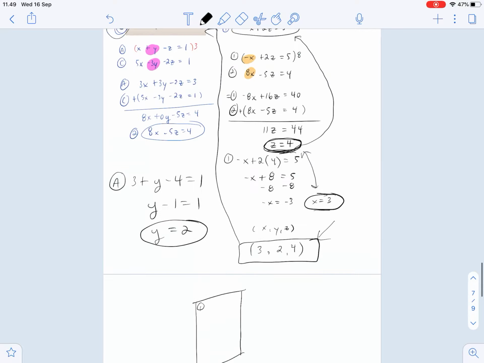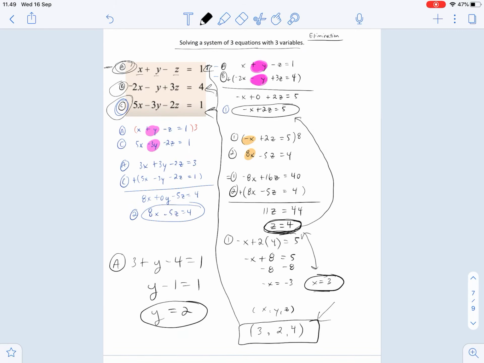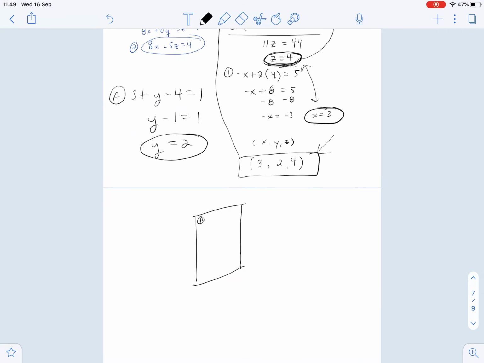Remember that we have one plane, which we'll say is equation A. Equation A represents one plane. And then we have some other plane which intersects that plane, and we'll call that equation B. And then we have another plane.